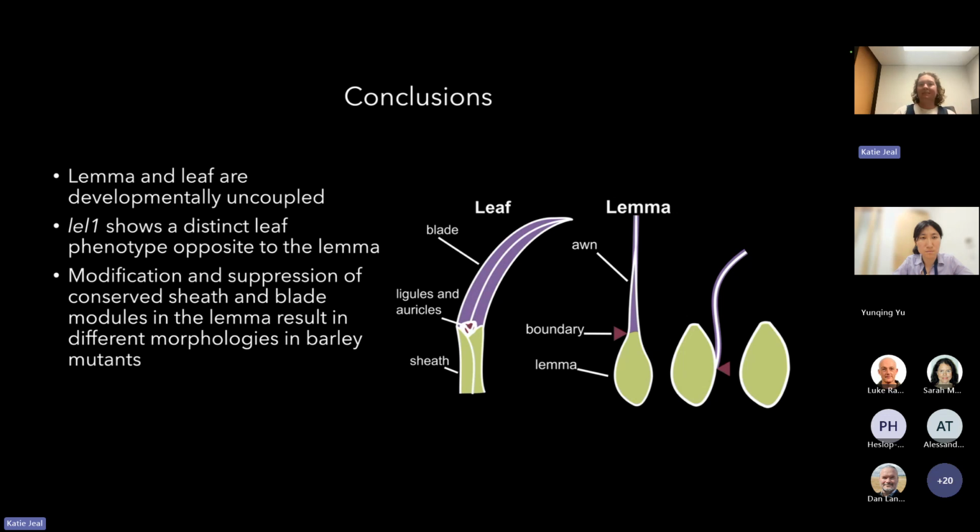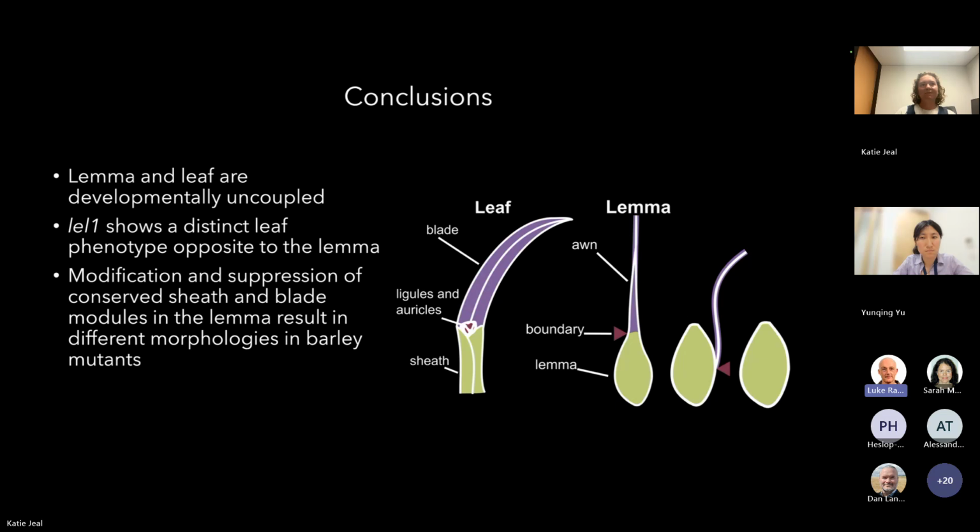So we think if any of them were to be involved, it's likely to be quite upstream, involved in patterning as opposed to producing the tissue. We've seen maybe slight phenotypes in Brachypodium, where there's some tissue at a boundary, but it needs a lot of careful phenotyping, and we're at the moment checking to see if these genes are even expressed in the lemma, which will help quite a lot.